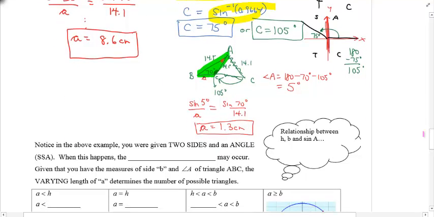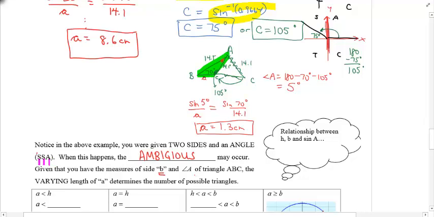We call this an SSA triangle, a side, and then an angle that's outside of those two sides. When you have this type of scenario, sometimes you'll get what we call the ambiguous case, and that's what we just had in the previous example. You have two different triangles that can exist, or it may occur. Now, usually in these questions, you have the measure of a side length B, that's the first side length.